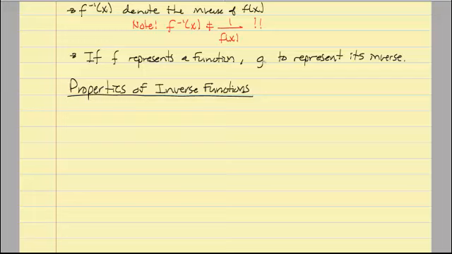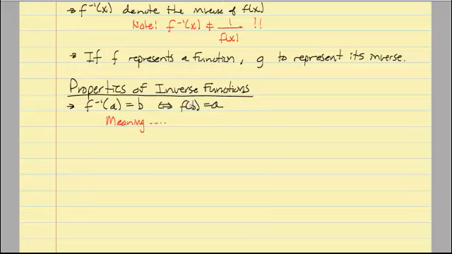The first property of an inverse function is easy to write out, but sometimes it's a little bit hard to understand. So basically what this notation means is here the f inverse of a is equal to b. This means the domain of the inverse is equal to the range of the original function.